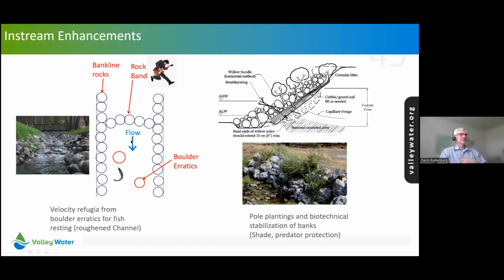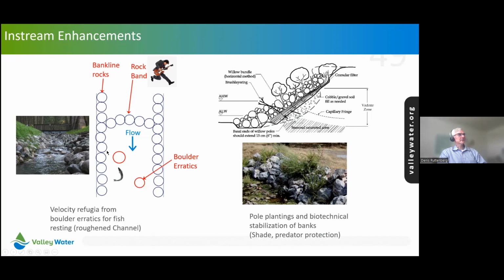What the boulder does is it provides velocity refugia. The fish will come up behind the boulder and hang out and rest, so it can recharge. And then once the fish is rested, it can do this little hopscotch thing between the boulders and work its way upstream.